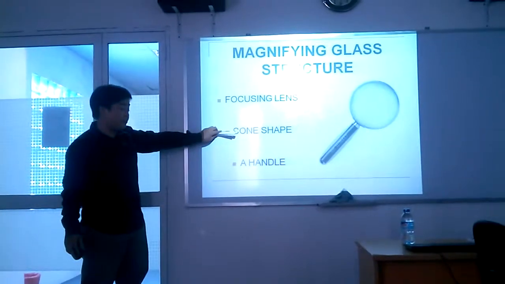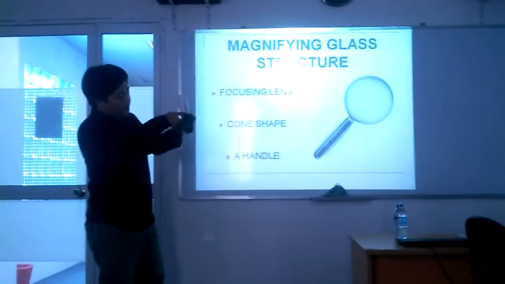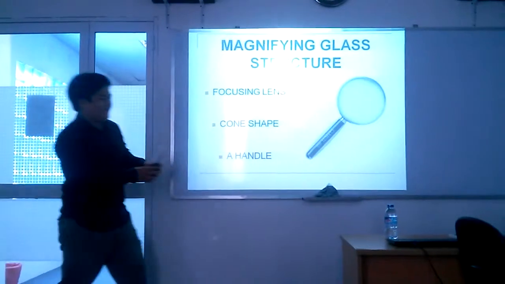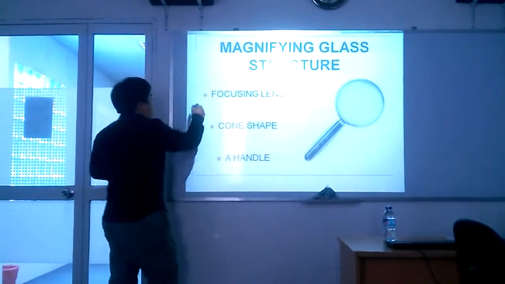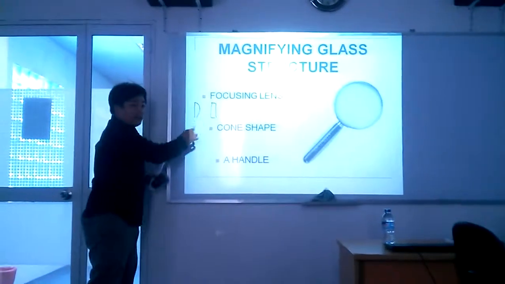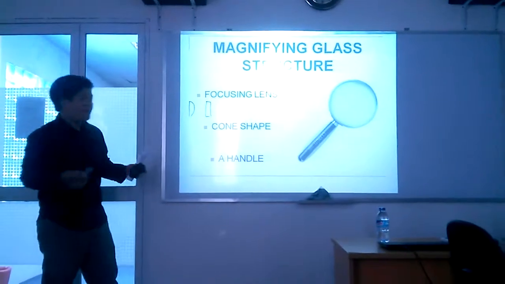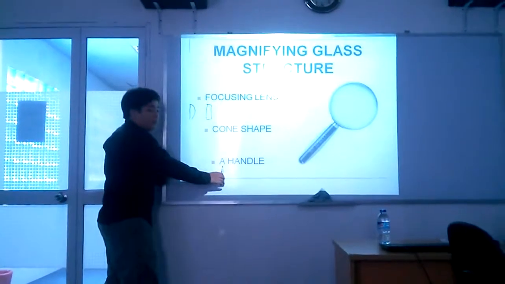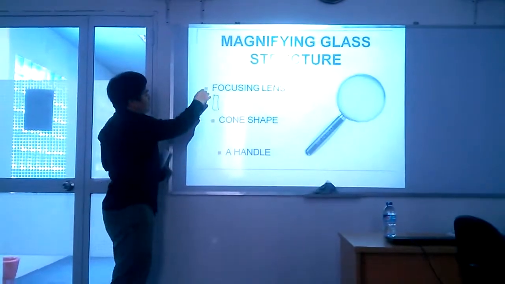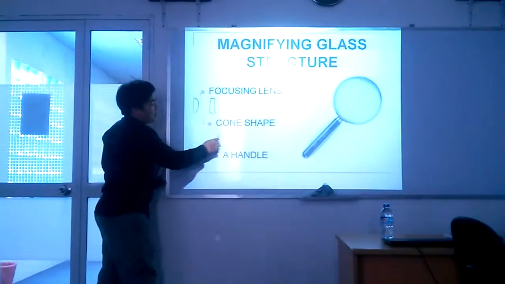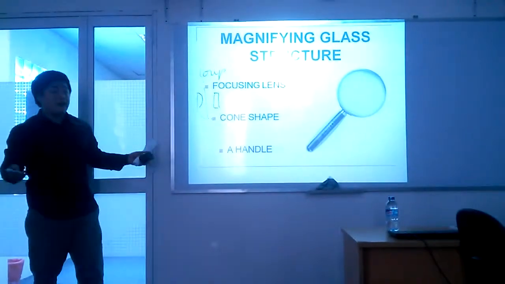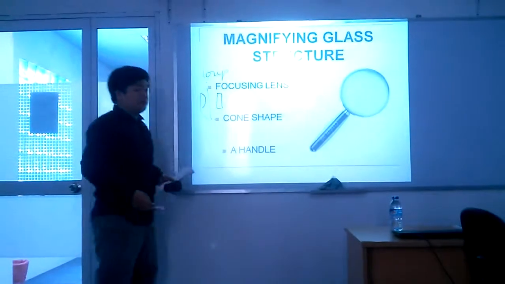It has a cone, which means it looks like this. It's called the cone. And it has a handle. If we only have the focusing lens and the cone, we have a loupe. It's not a magnifying glass. It's just a loupe.